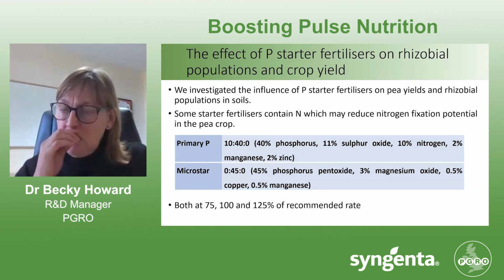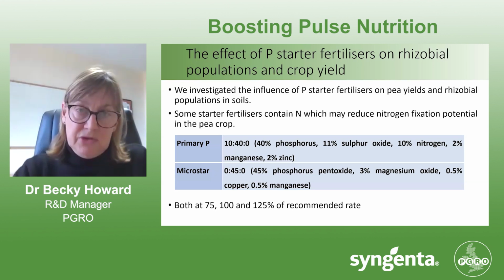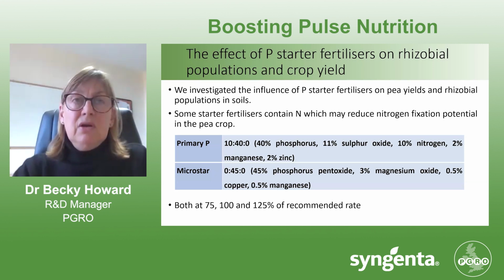And I suppose the question we ask ourselves really is, how low can you go? So when we look at starter fertilizers that include P as part of that starter fertilizer, we have tested a couple of products in the past. One is Primary P, and you can see here it does have a small amount of nitrogen in it. So Nmax in peas and beans is 0.